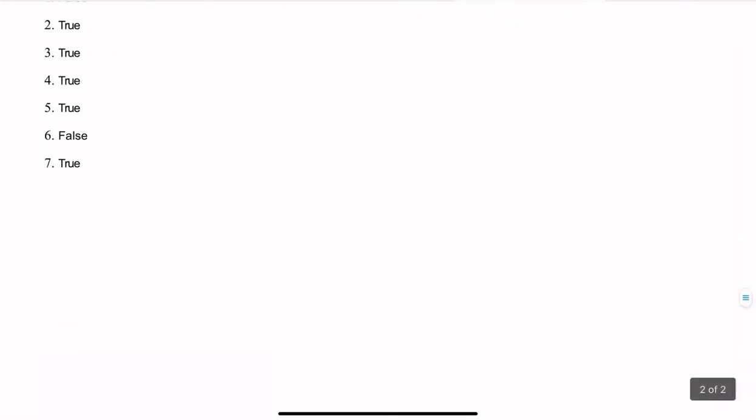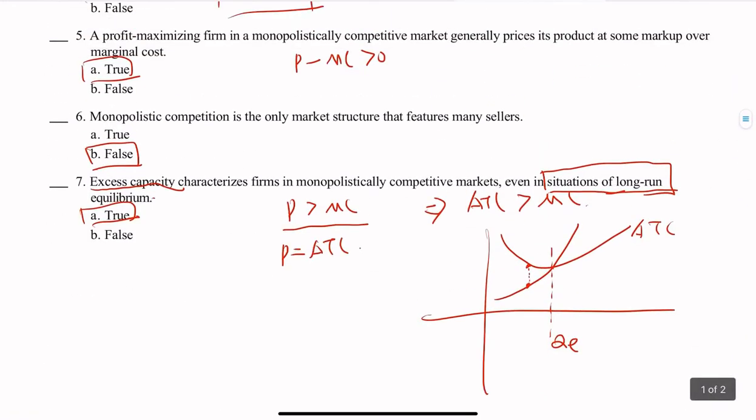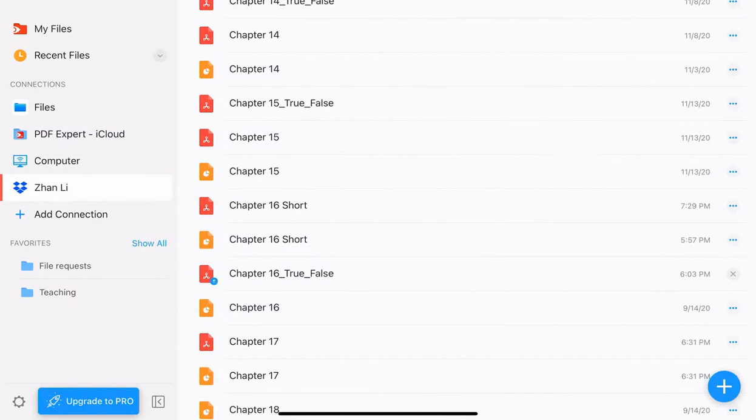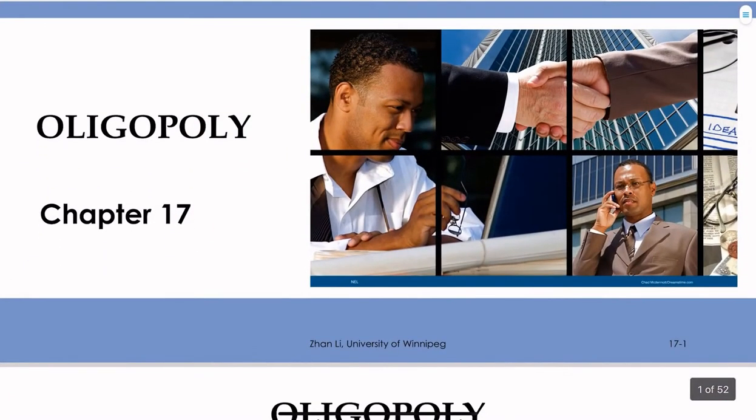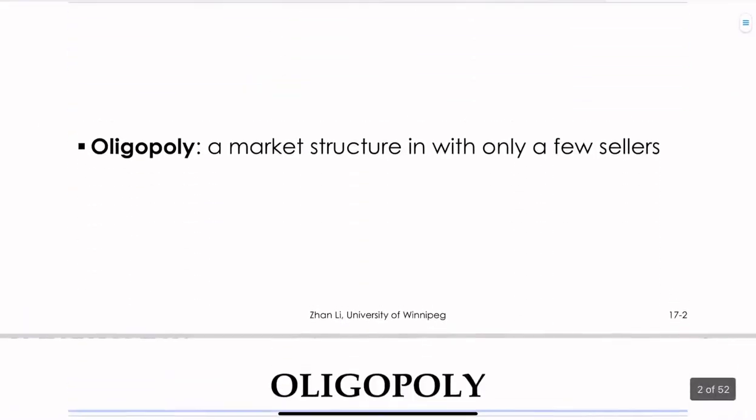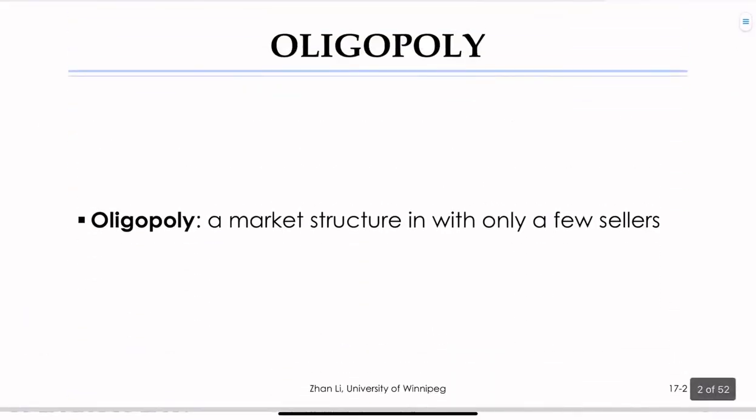Okay, now let's talk about the next chapter, which is chapter 17 about oligopoly. Now, what is the definition of oligopoly? Well, it's actually very simple. It's just a market with several sellers. So this is a very straightforward definition.